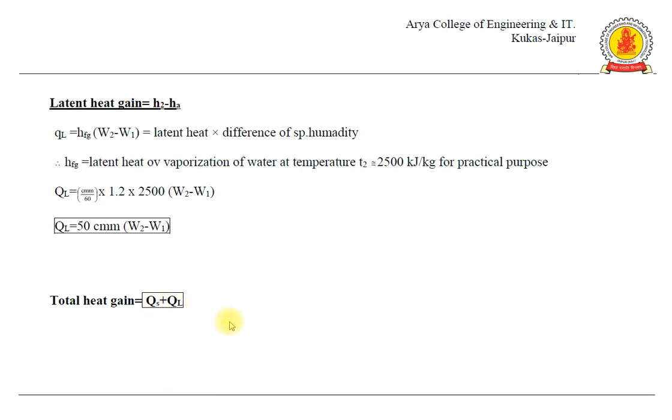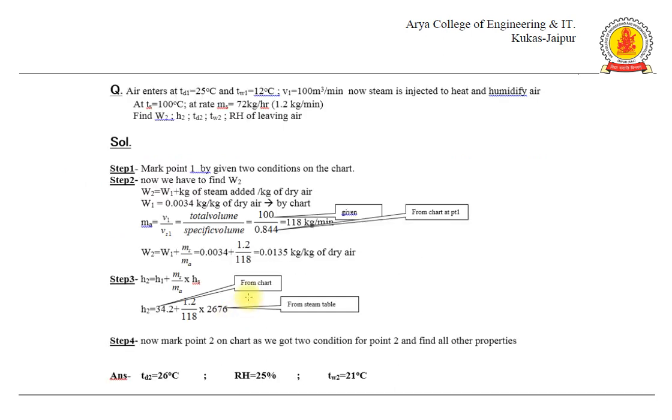Now we will look at a numerical. We will look at a way to solve the numerical. Suppose air enters at dry bulb temperature 25 degree centigrade and wet bulb temperature 12 degree centigrade. Volume of air is 100 meter cube per minute, and now steam is injected in it at 100 degrees centigrade at a rate of 72 kilogram per hour, that is 1.2 kilogram per minute.